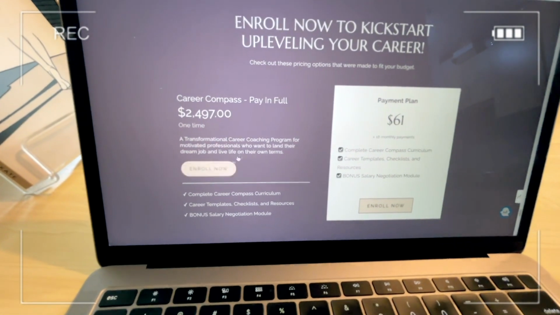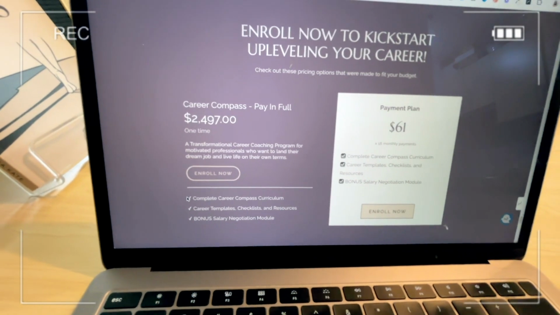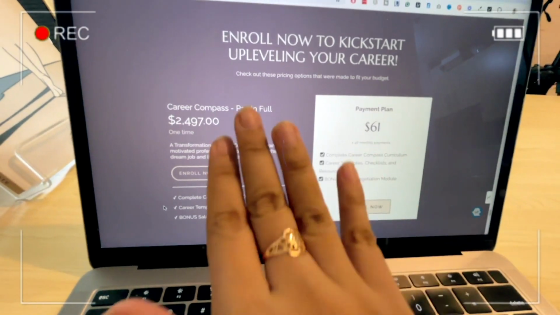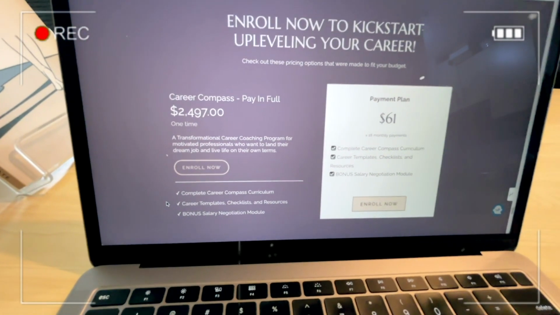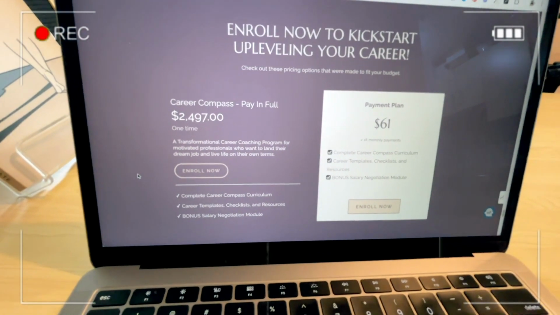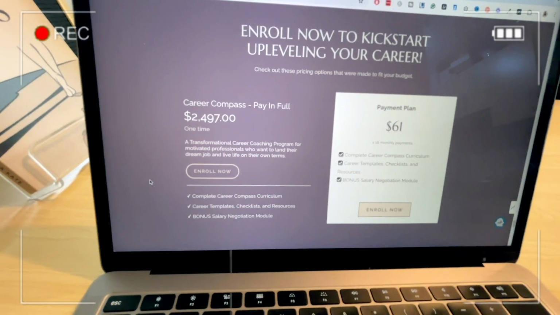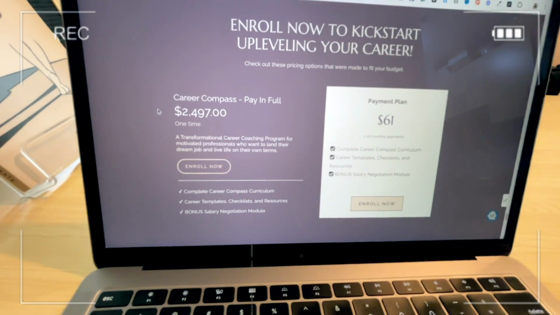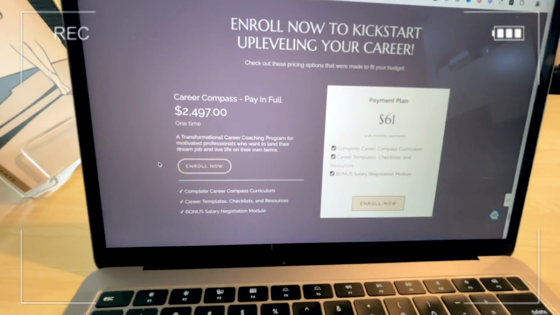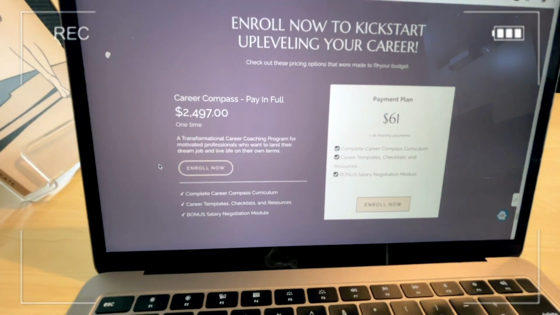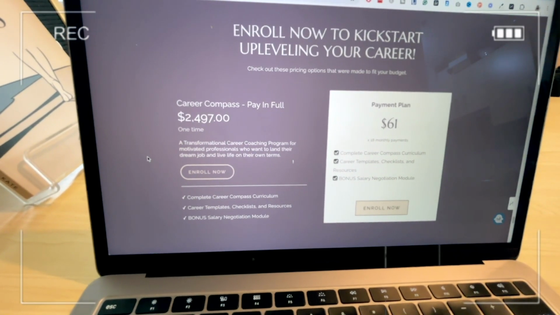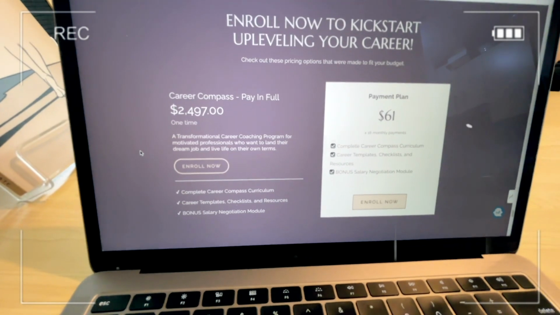And so if you can see, there's not a lot of access to her here, but because the course is really that transformational, she can price at that level. And I believe sometimes she gives bonuses as well, where she offers career services to them, like resume writing or LinkedIn optimization and all of that.